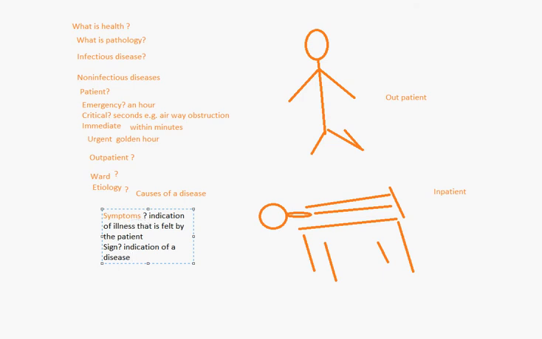Most of the time, they will ask you these questions: tell us the difference between symptoms and sign. You will tell them simply symptom is an indication of disease that is felt by the patient. Sign, on the other hand, is an indication of disease that is found out by the doctor.